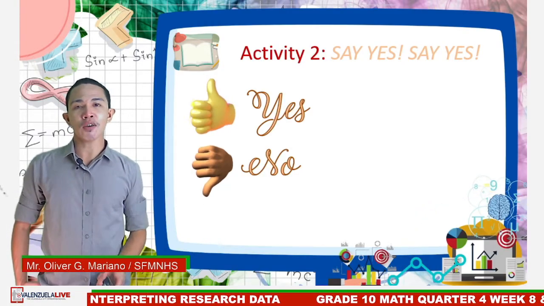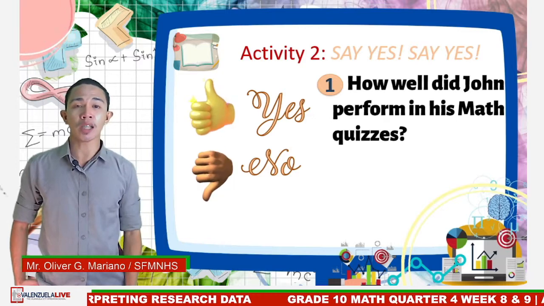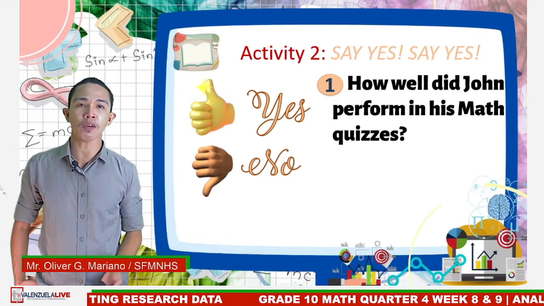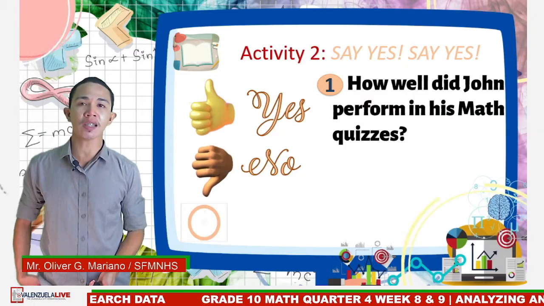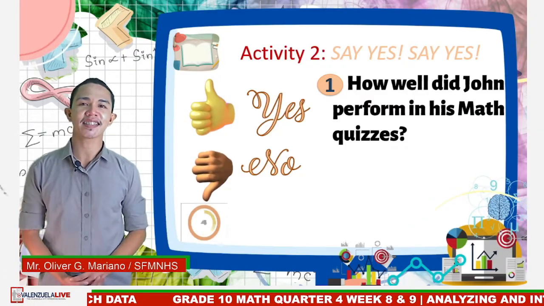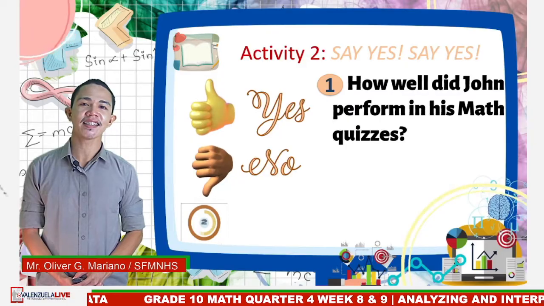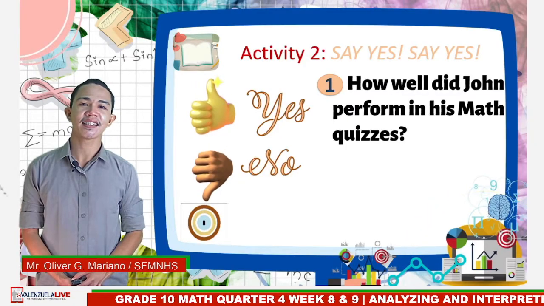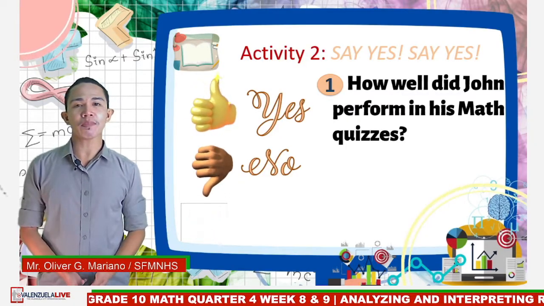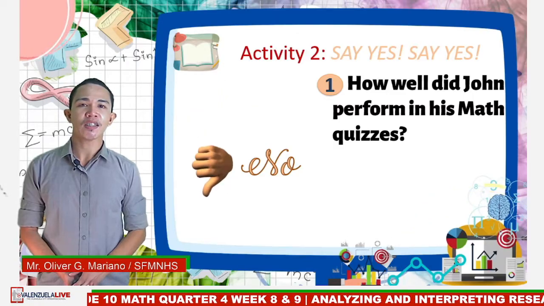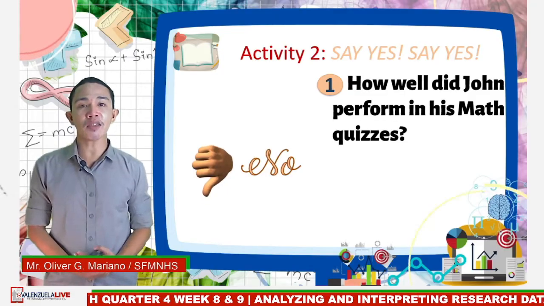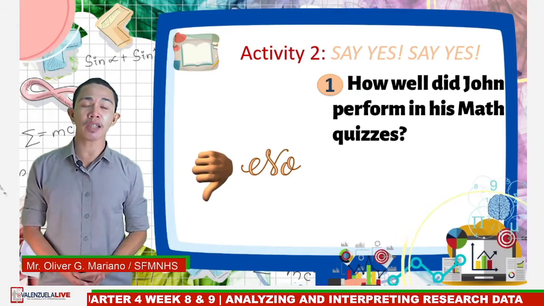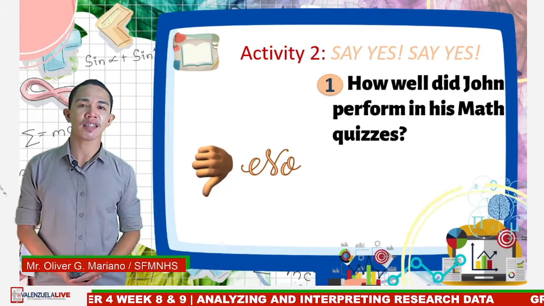All right, so here it is. Number one, how well did John perform in his math quizzes? Your 5 seconds starts now. Time's up. We are saying no to this question. It cannot be answered using measures of position.